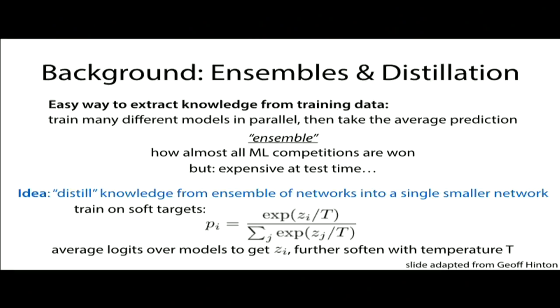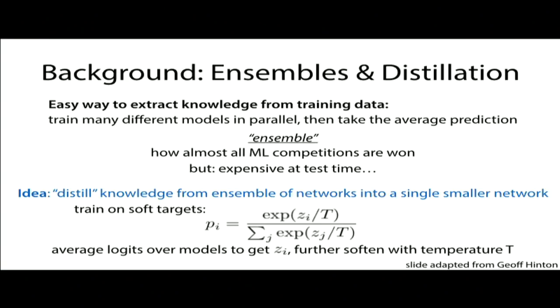So the Z_i are the average logits over the ensemble of models, and then you take those averages, exponentiate and normalize to get a probability distribution over the class labels rather than the hard 0, 1 labels that the data set provides you, and then train a single model to output these probability values. So the Y values are the P_i that you train the single model on.